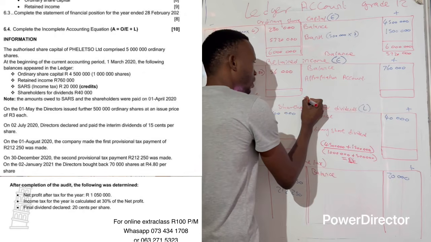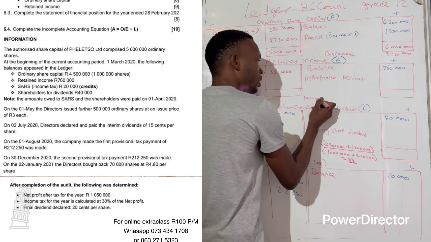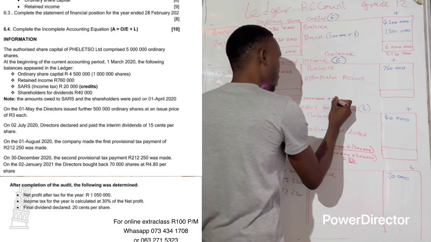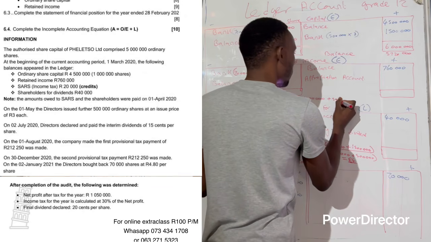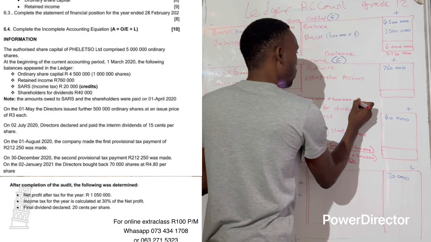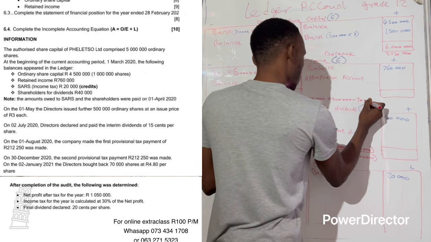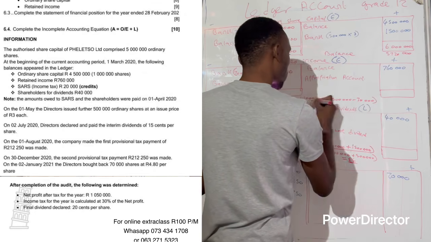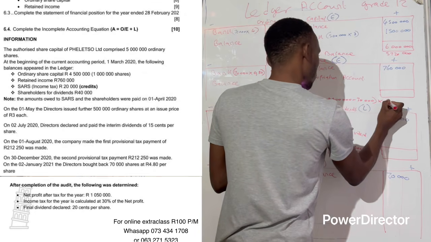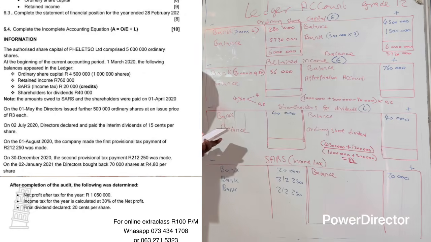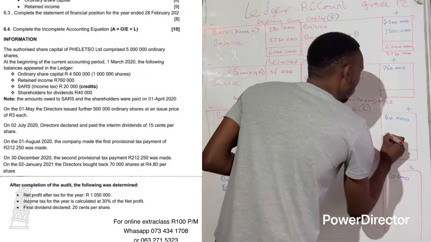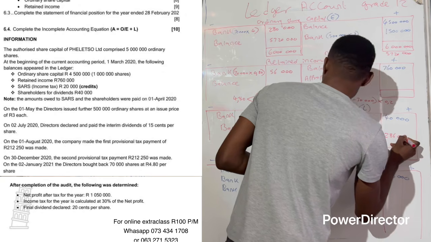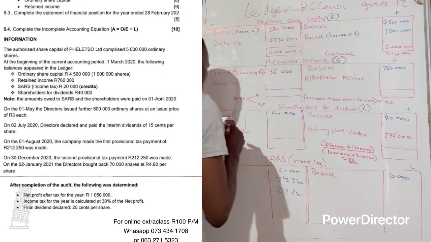Remember at the beginning, there were 1 million shares and we issued another 500,000 shares and we minus 70,000 shares that we bought back. If you multiply by 20 cents, this is going to give you 286,000.